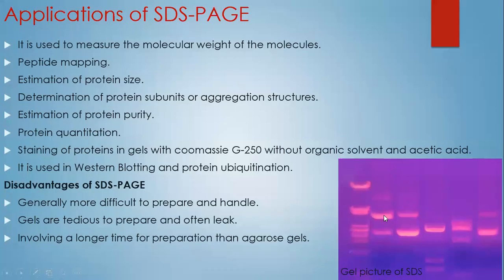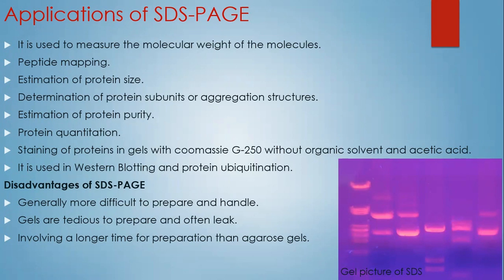This is not clear, but this is the gel picture of SDS-PAGE, and this is the marker, and these are the samples. So with the help of the marker, we can identify our protein which we want to elute or which kind of protein we are expecting.